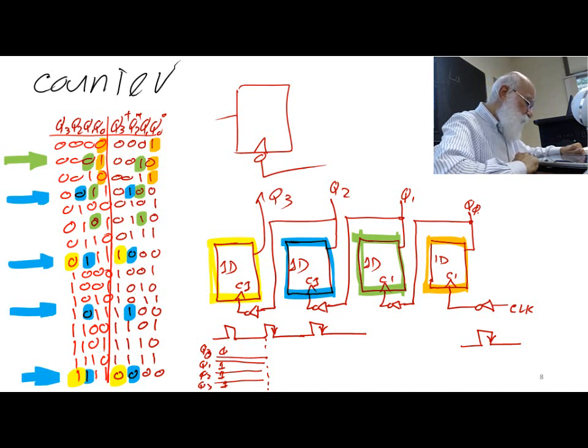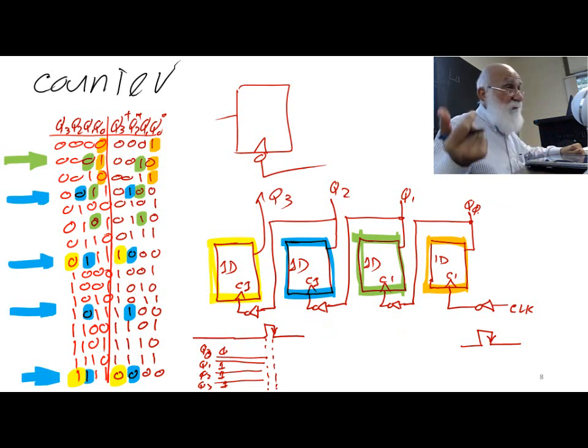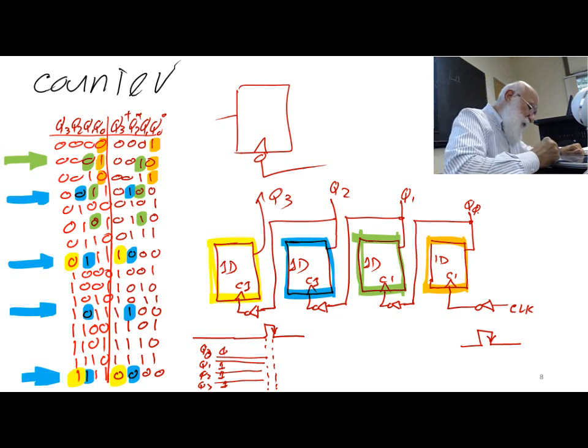And the rightmost flip-flop, because the clock input of it changed from 1 to 0, after a delay, it changes from 0 to 1.